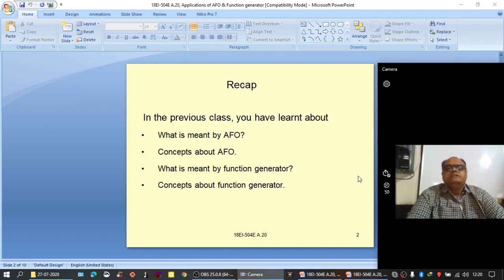180 degrees phase shift using one transistor amplifier and additional 180 degrees phase shift using another transistor amplifier.